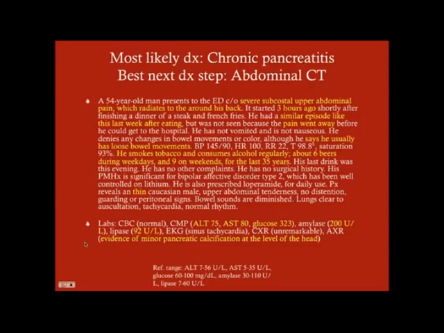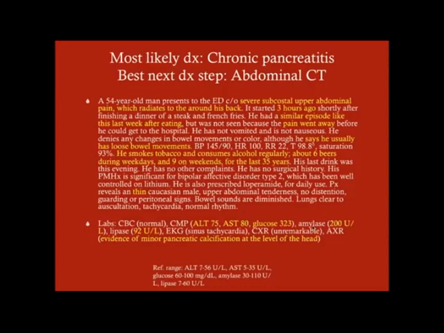The amylase and lipase. This is not going to feature to the same degree as with acute pancreatitis. So remember, with acute pancreatitis, you can almost make the diagnosis based on the fact that amylase and lipase were more than 3 times the upper limit of normal. With chronic pancreatitis, that's not the case. Usually when you have your acute pain episodes with the chronic pancreatitis, they may be elevated, but patients with chronic pancreatitis may also have normal amylase and lipase levels, or they may even have low levels because the pancreas is getting burnt out.